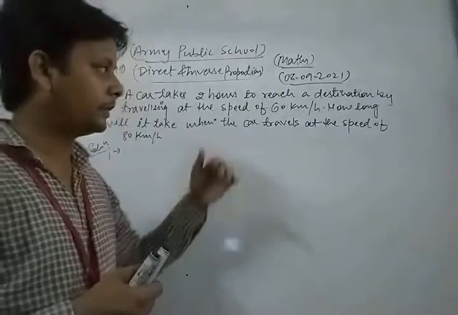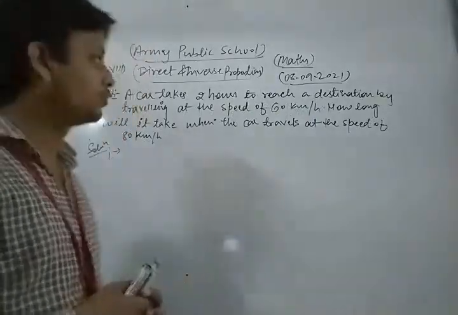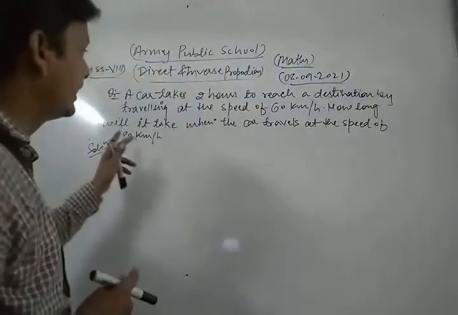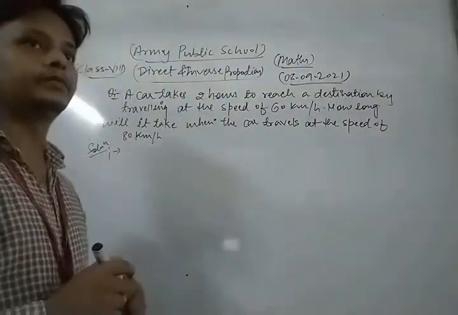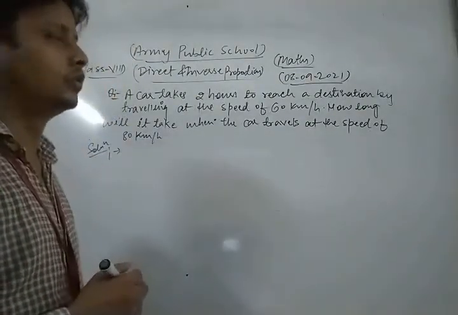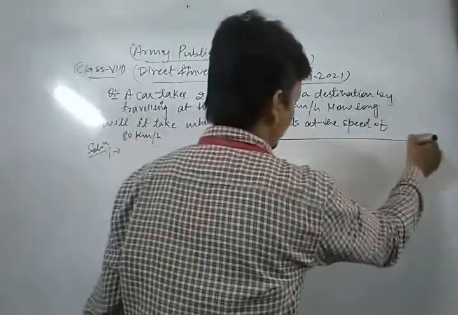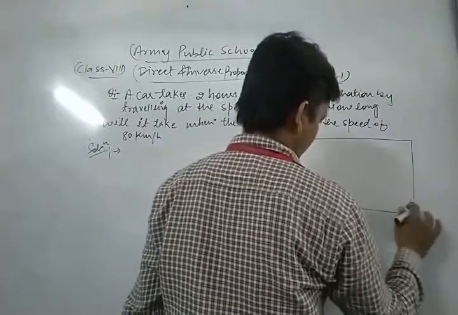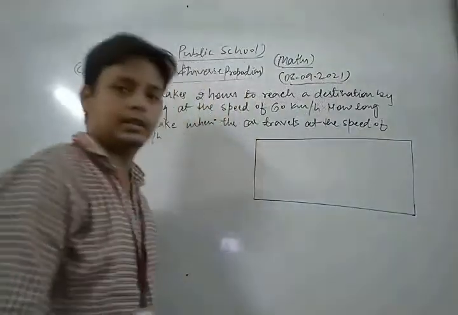Okay, so first of all we prepare a tabulation. After that we solve that question: how long will it take when the car travels at the speed of 80 km per hour? First of all, we prepare a tabulation in this way. Now look.